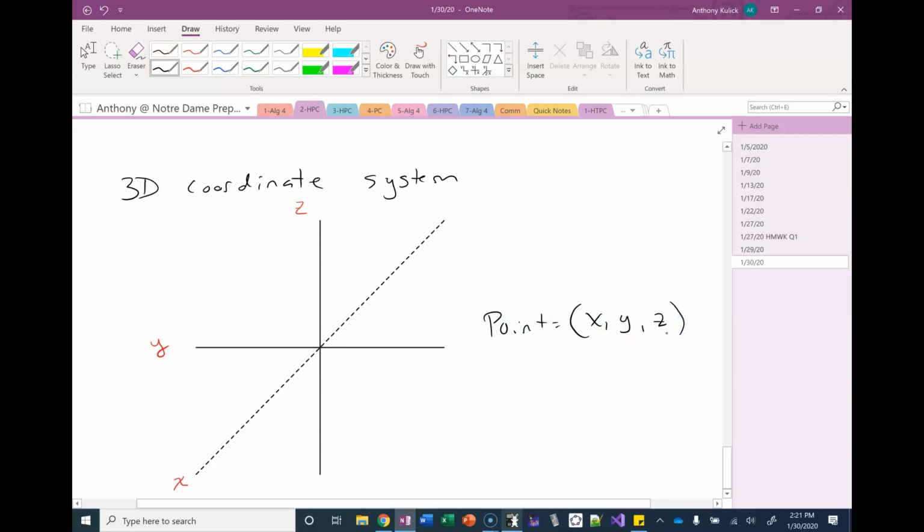They are going to be listed in that order. So, for example, let's say we wanted to graph the point (3, 2, 5).